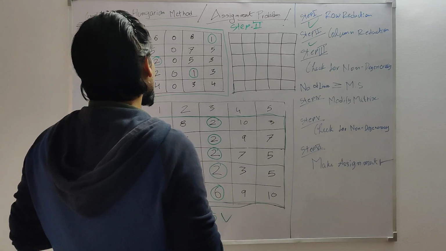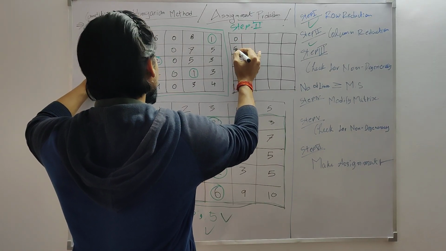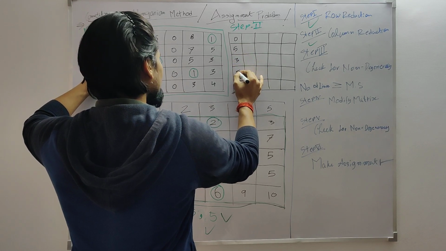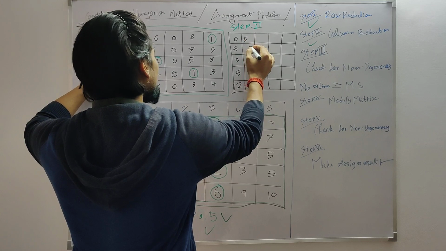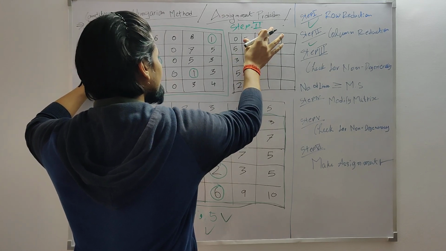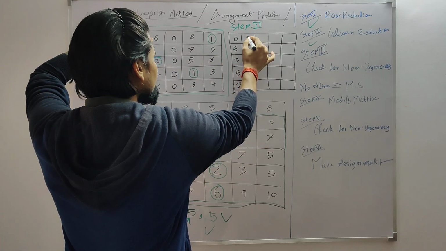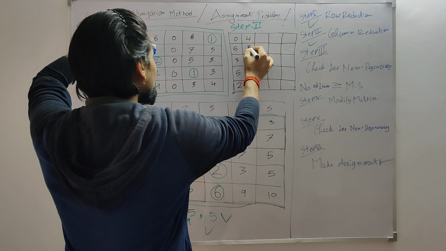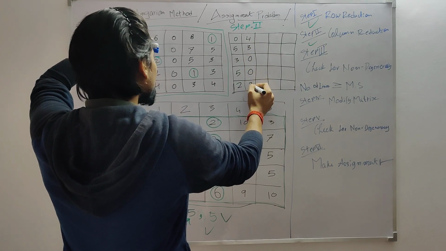So now what we will get is 0, 5, 3, 5, 2, 5. Oh, sorry. Here the minimum value is 2. So 6 minus 2 is 4, 3, 0, 0, 2.